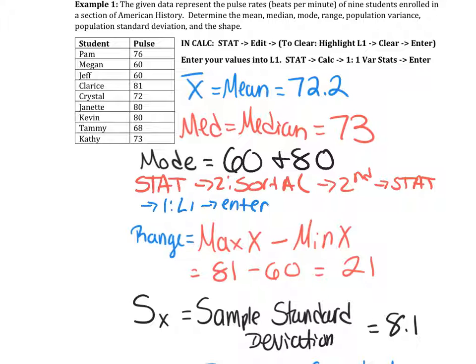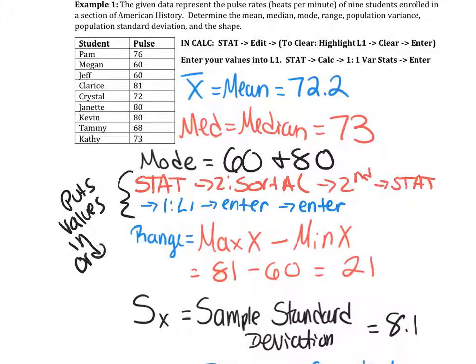And then hit enter again, and the word done should pop up on your screen. And then if you go back to your list, so hit stat and then enter to go back to your list, all of your data values will be in order. So it'll be easier to see how many times each one occurs. So this puts values in order.